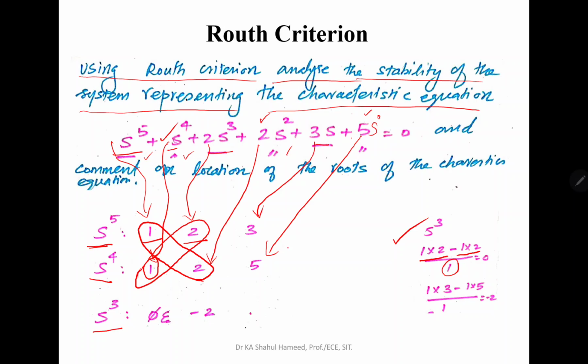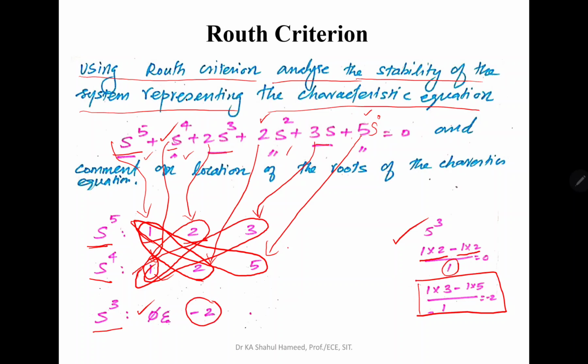So the first coefficient is 0. Then 1 into 3 minus 1 into 5 divided by 1 is equal to minus 2. So this is minus 2.